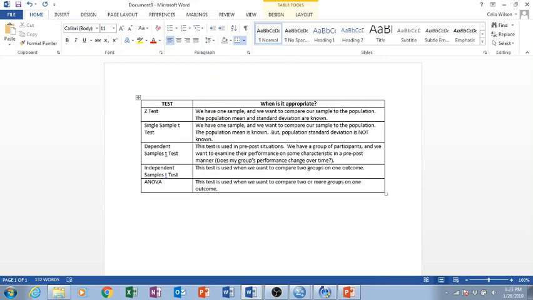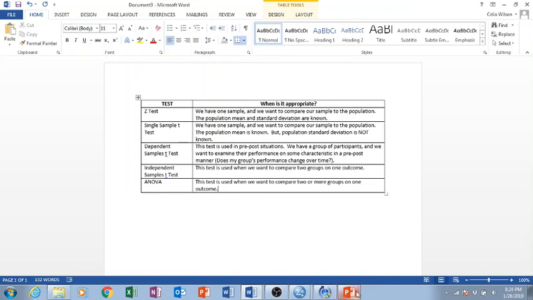We are still limited to one outcome, but now we can compare more than two groups. So if we have grade levels in a school, or a couple of different treatment groups and a comparison group, whatever the situation is where we have two or more groups, we can compare them on an outcome.